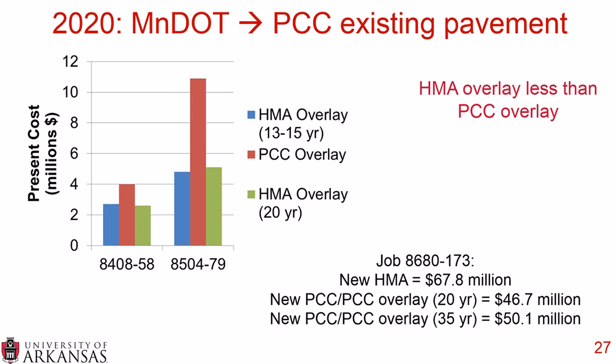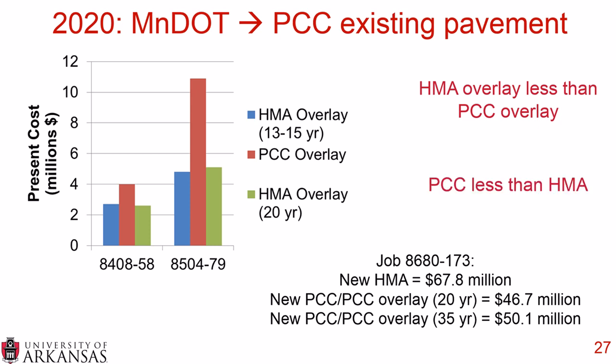But if you look at job 8680-173, also a PCC existing pavement, they looked at new hot mix asphalt versus new PCC plus a PCC overlay at 2 different analysis periods. And you can see here that HMA is almost $20 million more expensive than PCC.